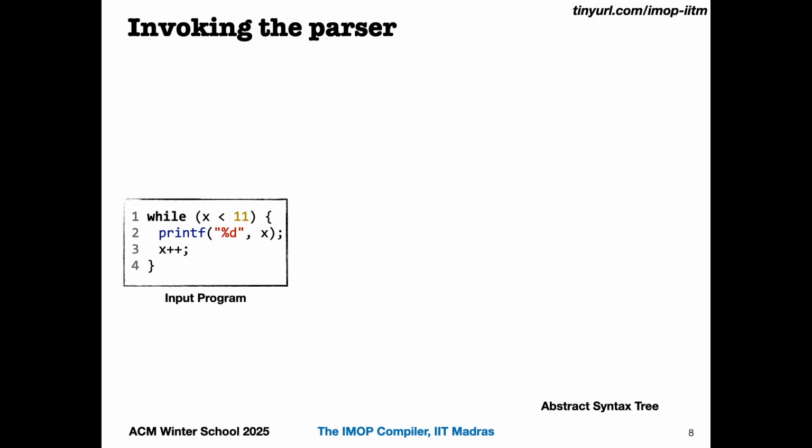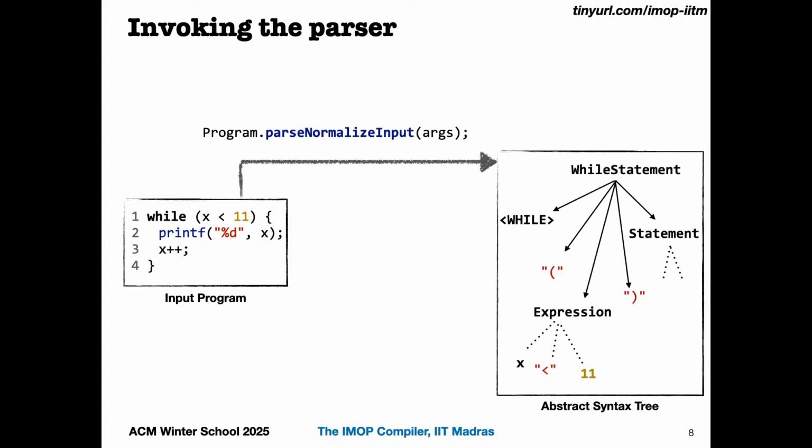IMOP has one more interesting facility. You give any quoted string to IMOP, and IMOP will give the AST for you. If you take this program and use this command called program.parse and normalize input, it will take an argument.